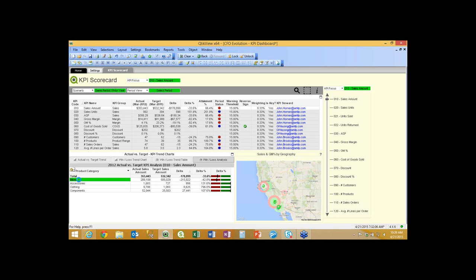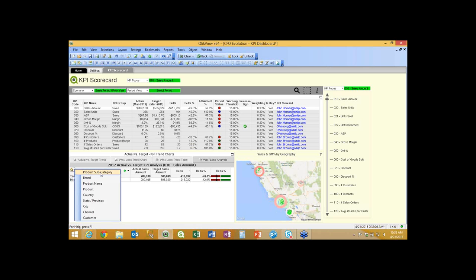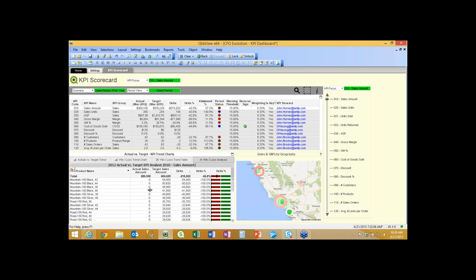So again, we can continue down our journey of really learning more about the reason behind the difference between our actual and the target, and eventually get to the real bottom end of the analysis.